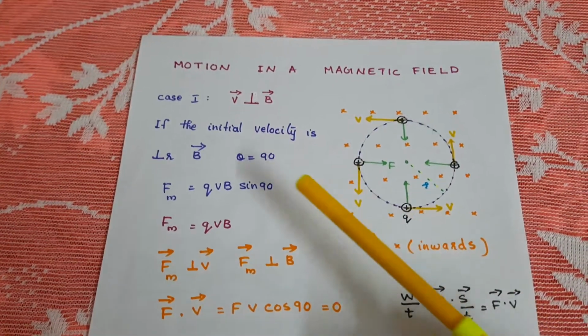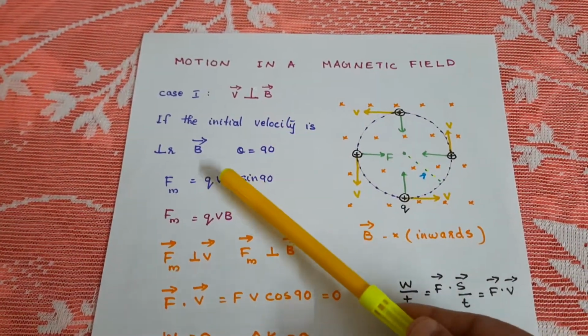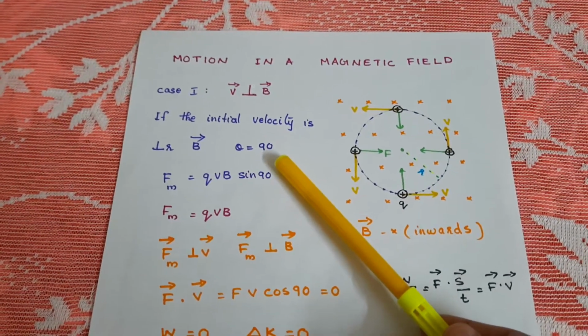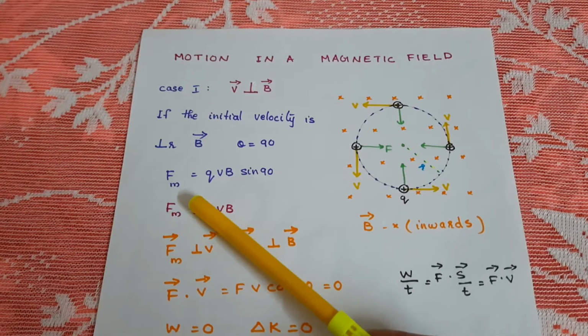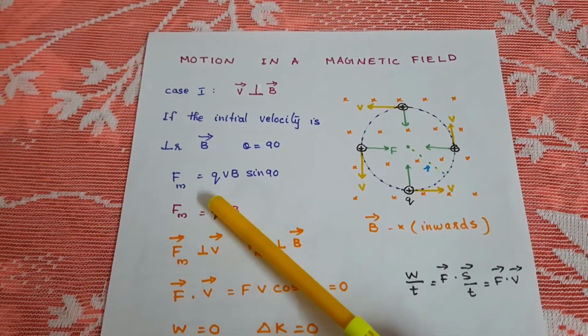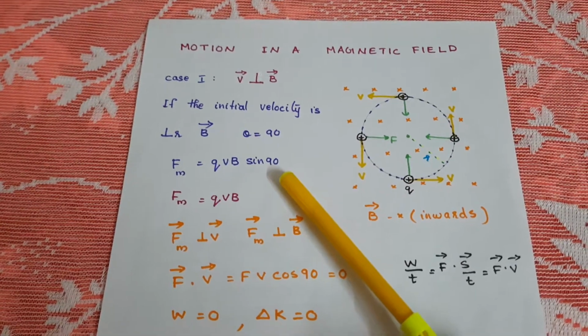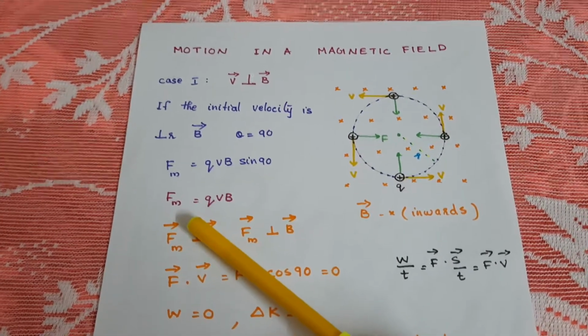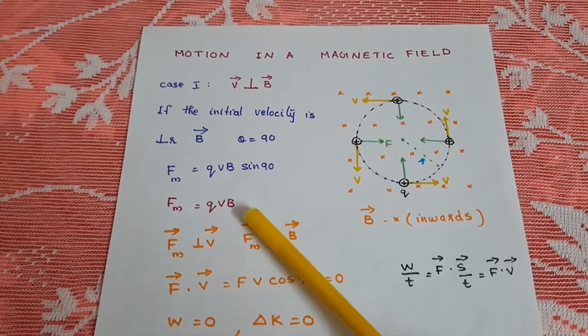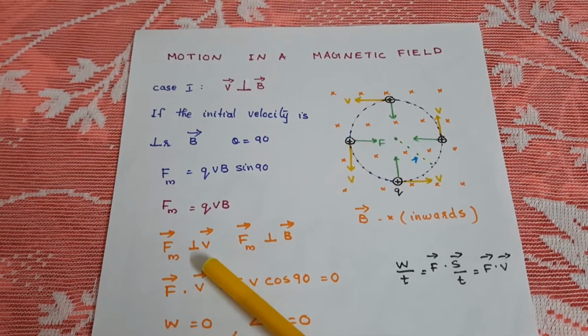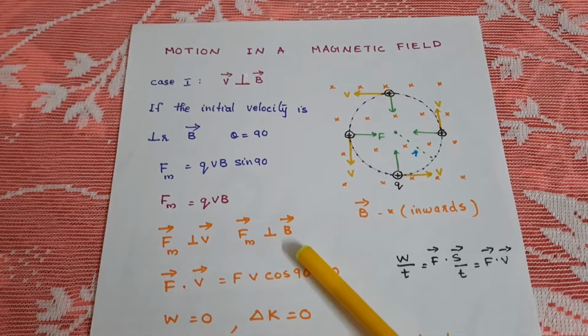That is, the initial velocity is perpendicular to B, so theta is equal to 90 degrees. So the magnetic force Fm is equal to qvB sin 90. Sin 90 is 1, so magnetic force is qvB. And the force is perpendicular to both velocity and field.